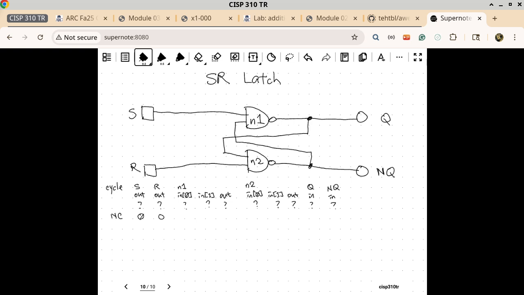In other words, somebody from outside the circuit decides to turn the input pins S and R both to zeros. So according to the instruction, for the initial NC, these two zeros would be in boldface. I'm just going to emulate boldface by writing over it again. Okay, so they're in boldface.